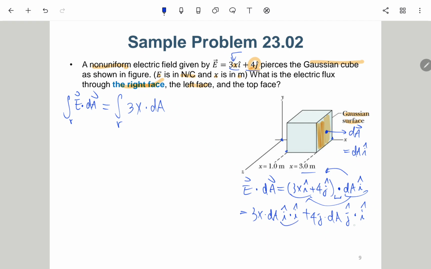So we need to know this dot product. We can simply draw a small table.